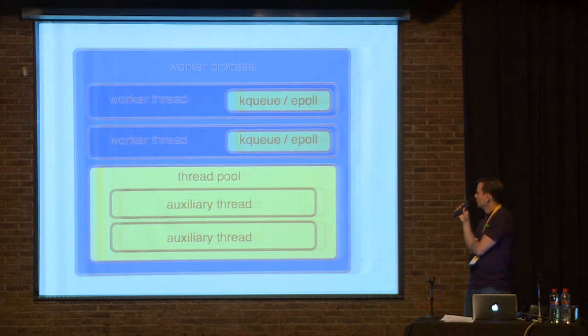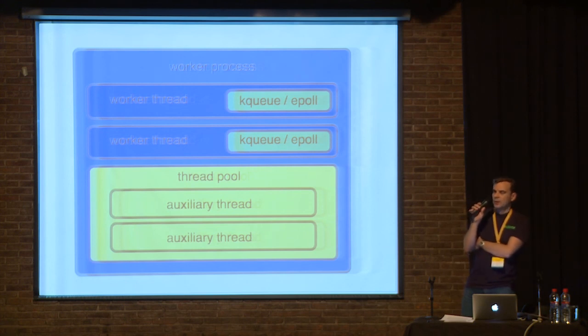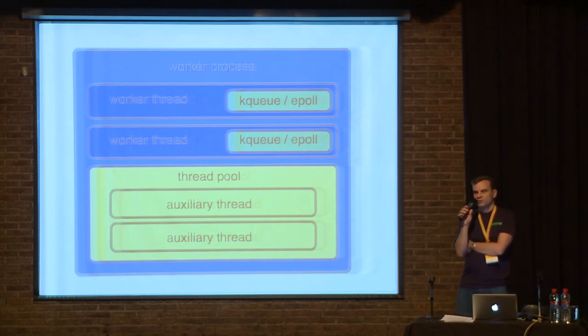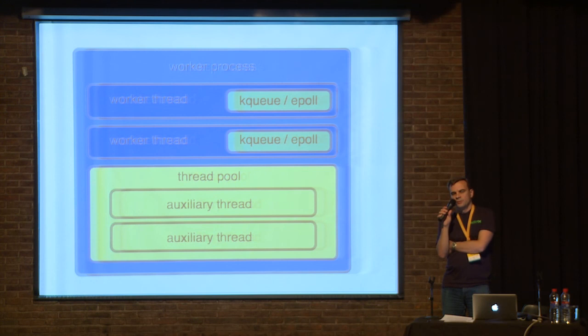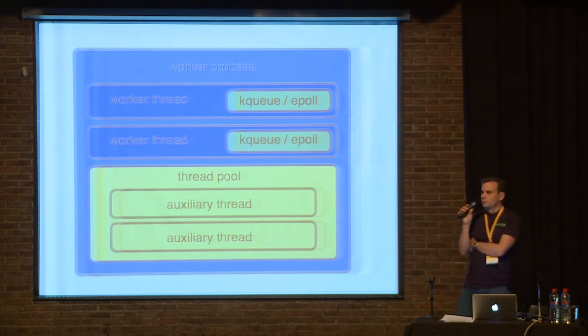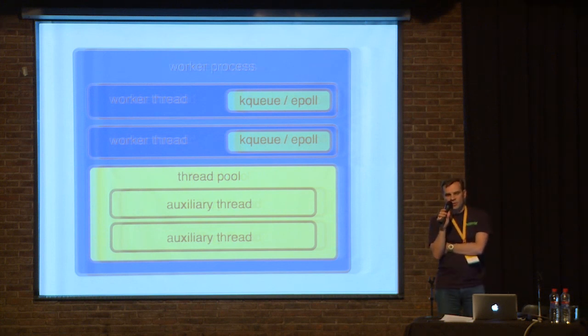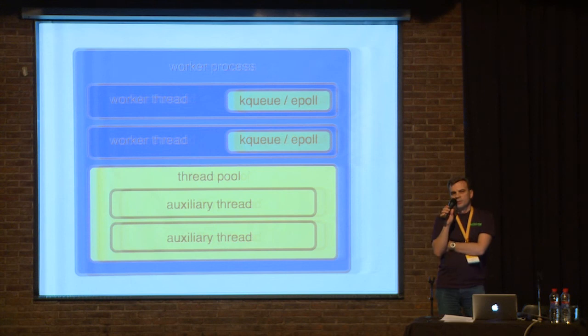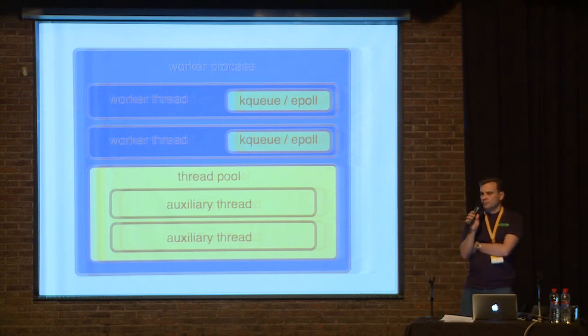When a worker thread needs to execute some potentially blocking operations such as opening a file, getting its attributes, reading files, or reading ahead a file, it passes this job to an auxiliary thread pool. After these operations complete, the auxiliary thread sends the state of the operations back to the worker thread.